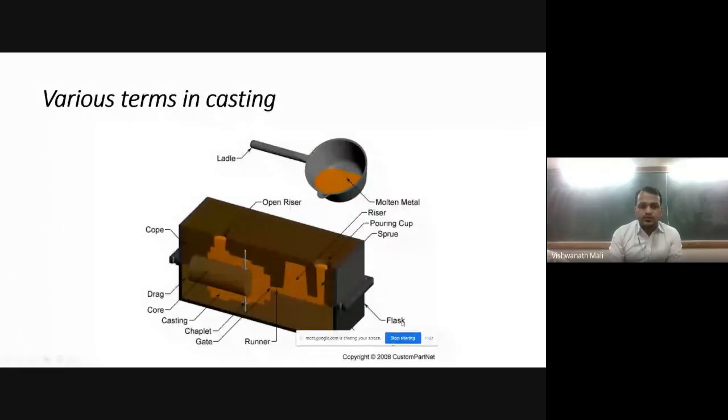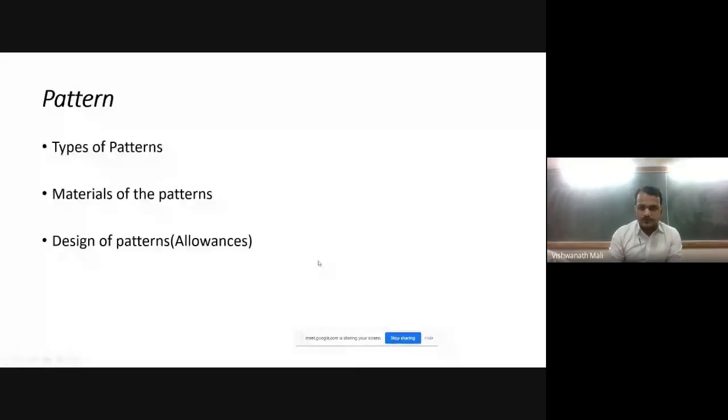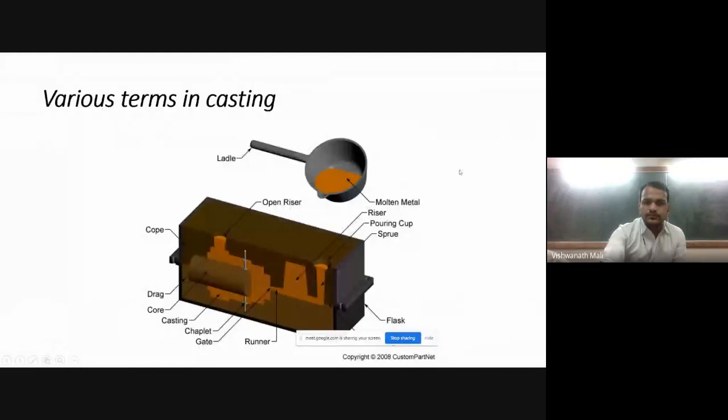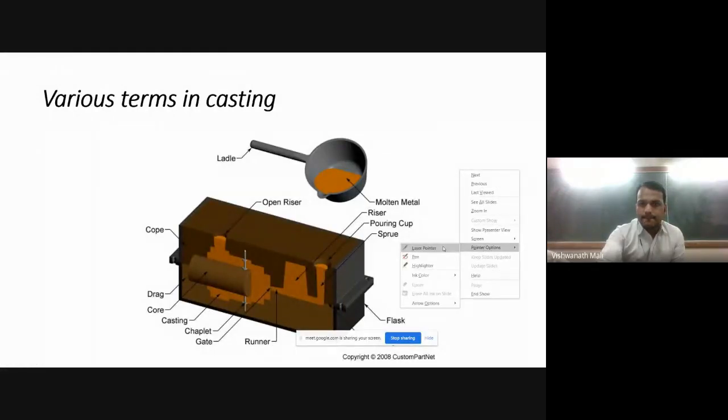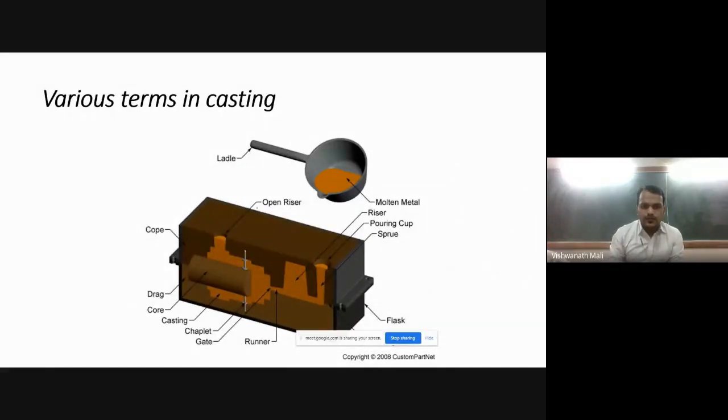So when we pour the molten metal, here you can see this is the core part. To support that core, we use the chaplet. The function of chaplet is to support the core.